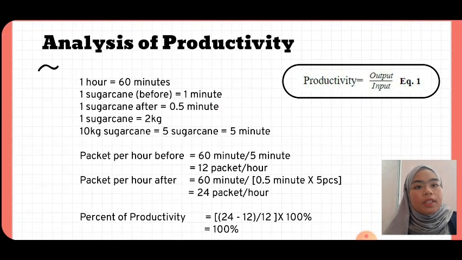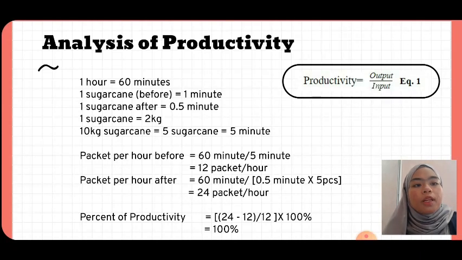Analysis of productivity. We assume that 1 hour is equal to 60 minutes. 1 sugarcane before takes 1 minute, 1 sugarcane after takes 0.5 minute, and 1 sugarcane's mass is 2 kg. For 10 kg of sugarcane, we need 5 sugarcane and 5 minutes before.